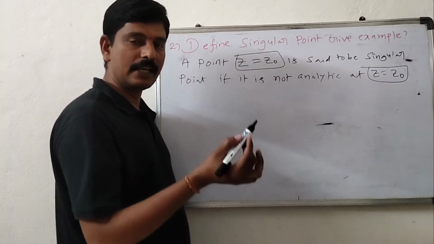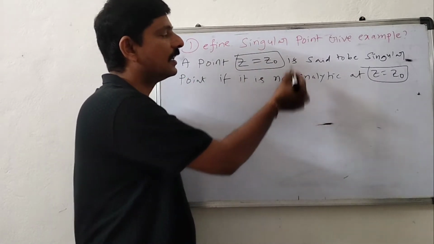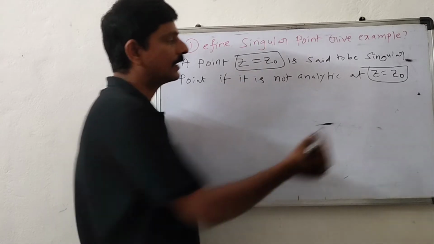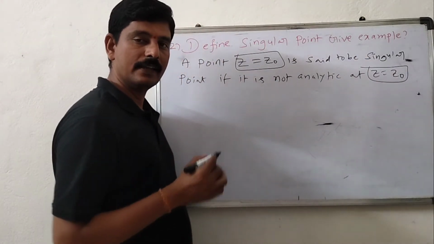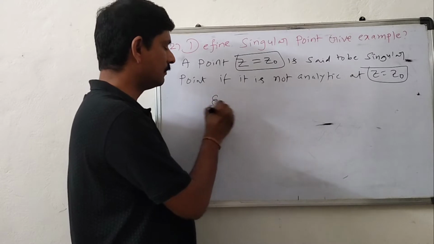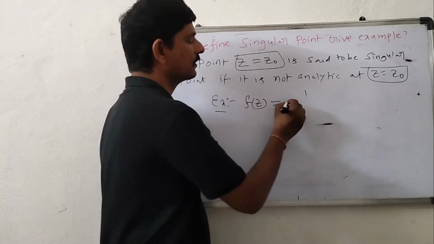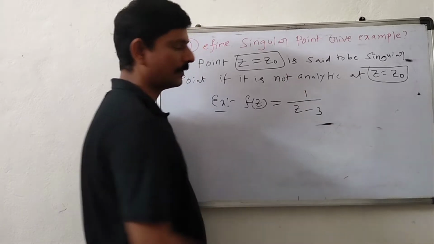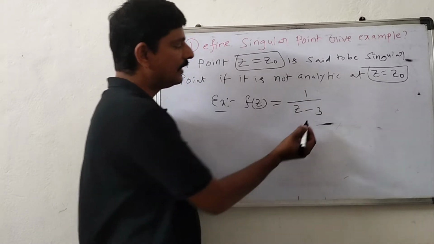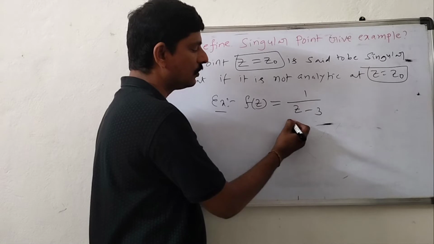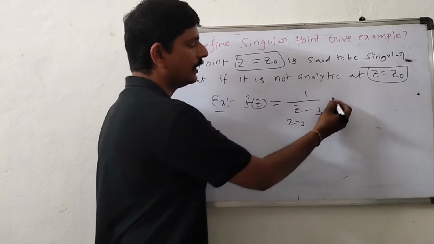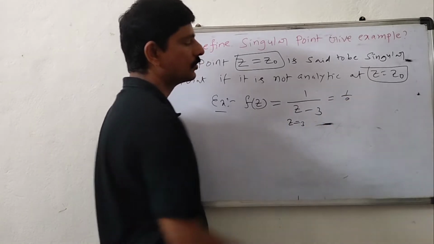Analytic means differentiable. If the function is not differentiable at the particular point, then it is said to be a singular point. For example, take f of z equal to 1 by z minus 3. If we substitute z equal to 3, the function turns to 1 by 0.